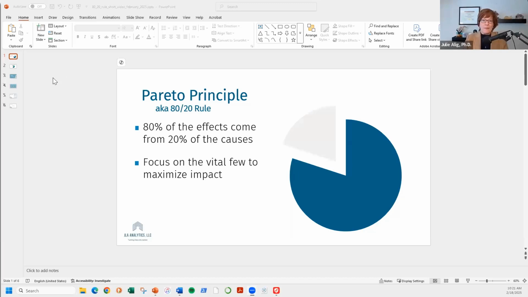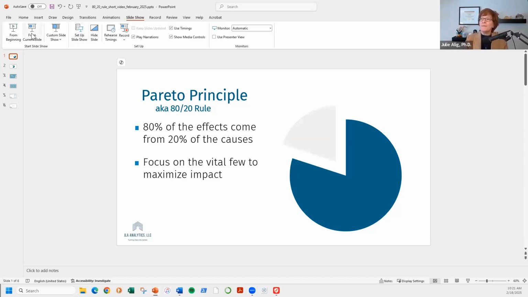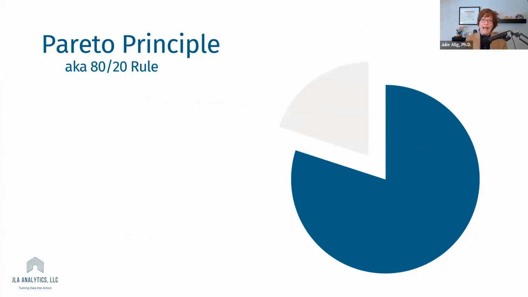A smaller proportion has an outsized effect on the results. So let's jump in real quick, and I've got a couple of pictures for you to illustrate what I'm actually talking about. So here, the Pareto Principle, aka the 80-20 rule.